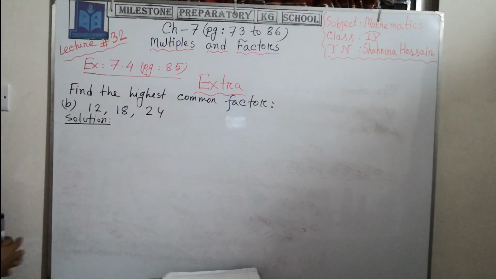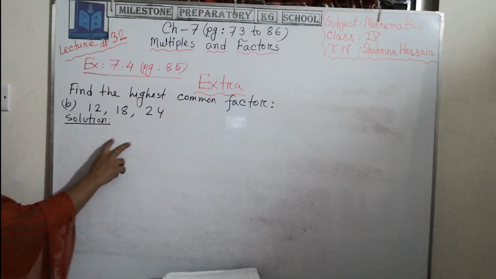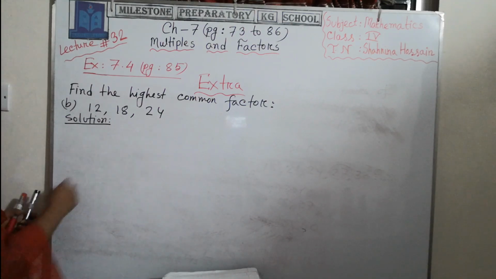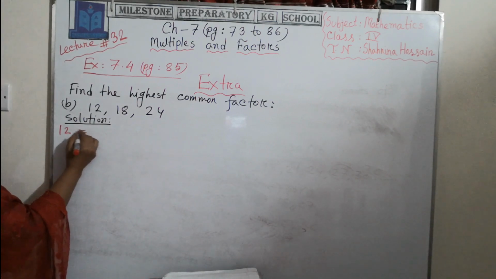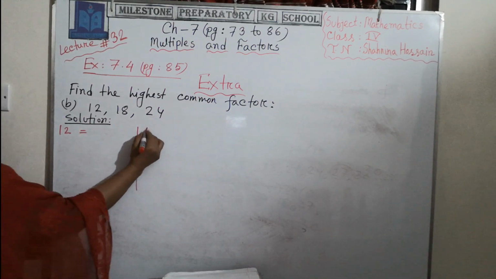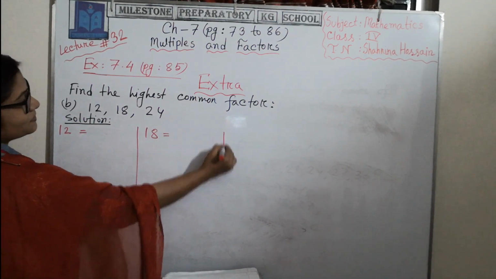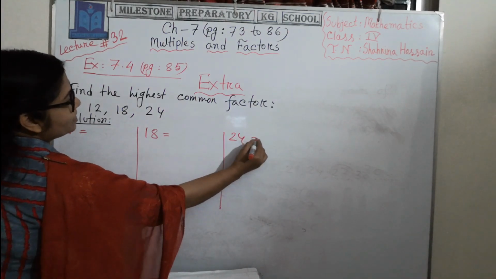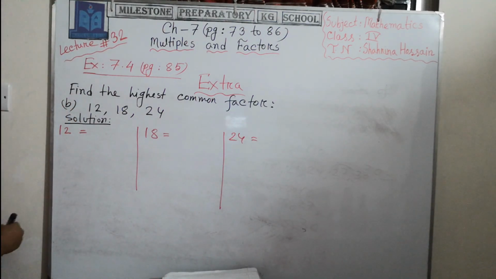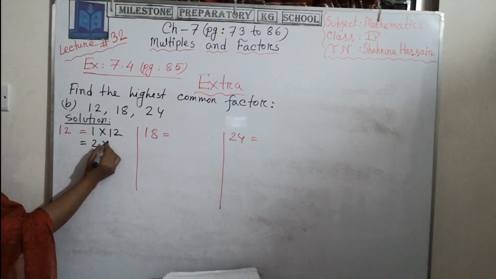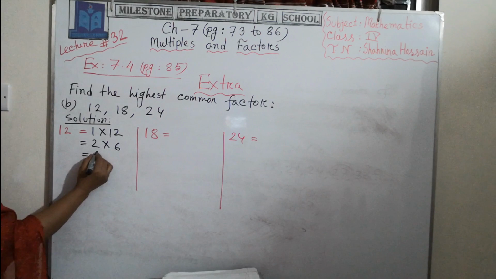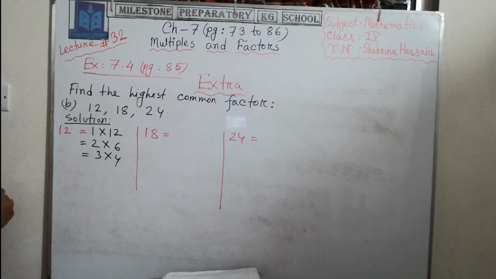At first we find the factors of these 3 numbers, 12, then 18, then 24. 12 ones are 12, then 2 6s are 12, then 3 4s are 12.